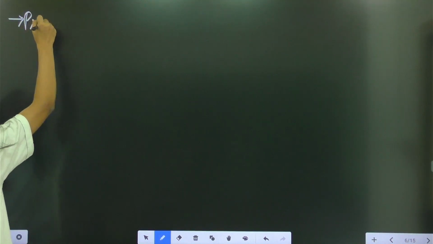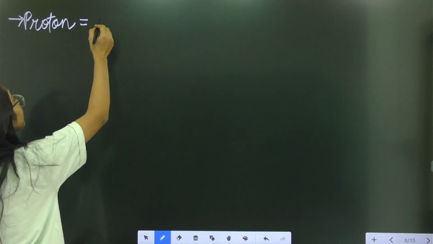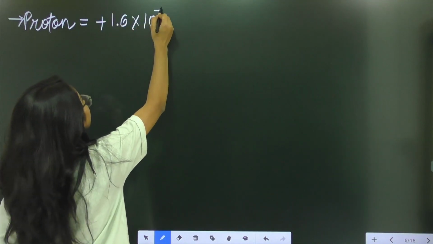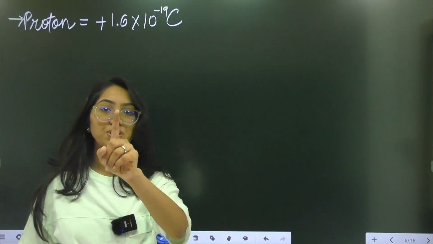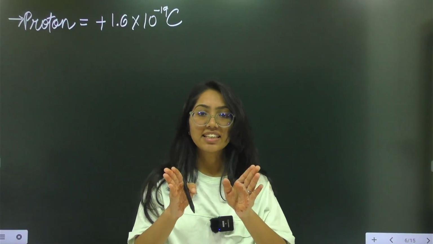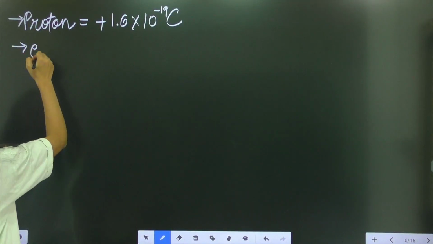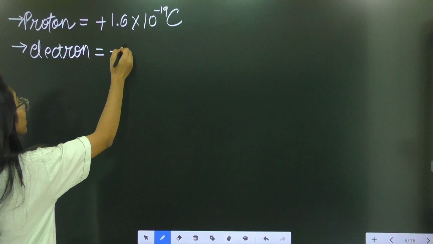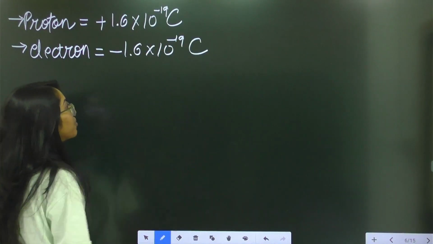Now protons and electrons. The amount of charge a proton carries is plus 1.6 into 10 raised to minus 19 Coulomb. This is the amount of charge a proton carries, and this is data you must remember, okay? And an electron, this is the fundamental data, so you must remember this. Electron carries minus 1.6 into 10 raised to minus 19 Coulomb.